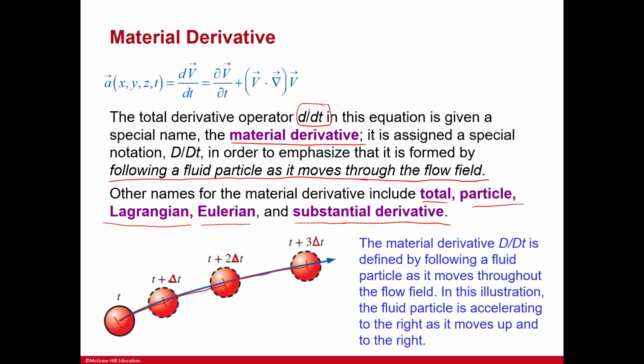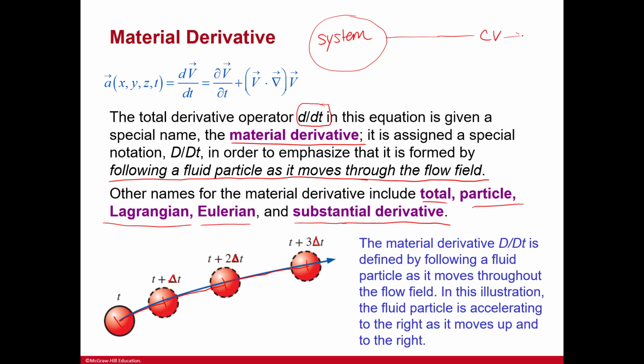And so the material derivative, this is how we are going to take the Eulerian framework and apply it to a control volume. So if you have this system and then you have this control volume, say you're looking at a balloon, and it's flowing through this control volume.